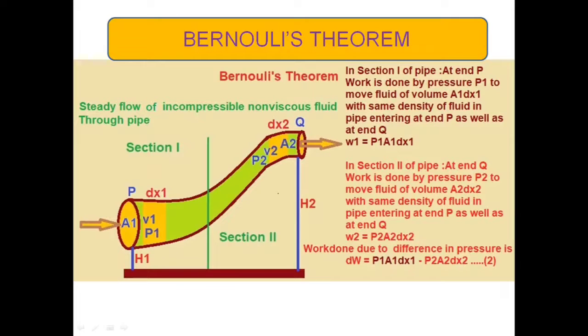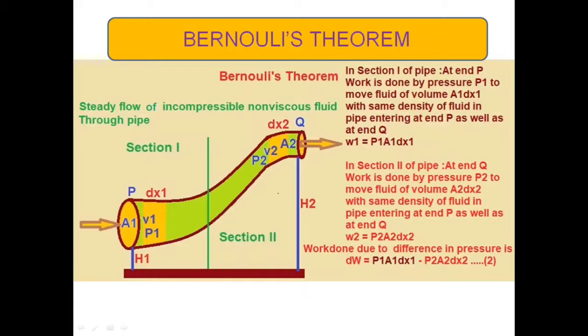Look at section 1 of the pipe. At end P, work is done by pressure P1 to move fluid of volume A1 dx1, with the same density of fluid in the pipe entering at end P as well as leaving from end Q. Work done W1 is equal to P1 A1 dx1. Look at section 2 of the pipe.